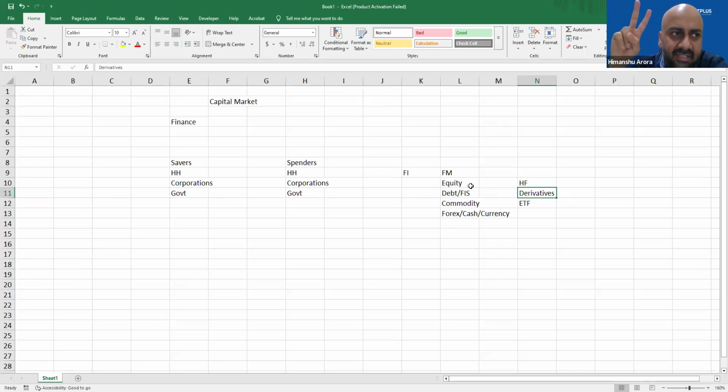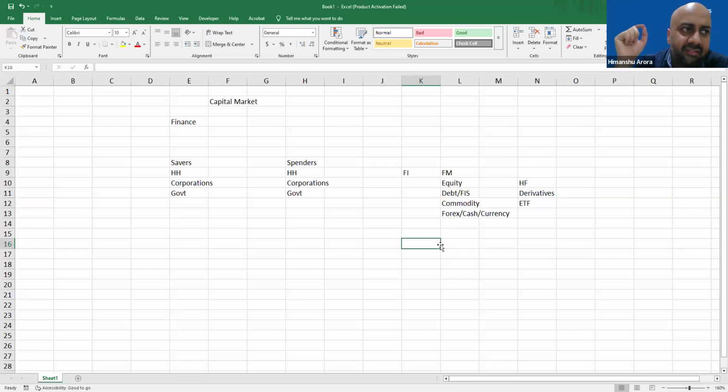Second, dividends. Third, voting rights. Based on voting rights, there are different types of shares in the market. One is the share that has one voting right per share, and the other may have less than one voting right, or more than one voting right. But primarily equity is purchased for three reasons: capital appreciation, dividends, and voting rights.